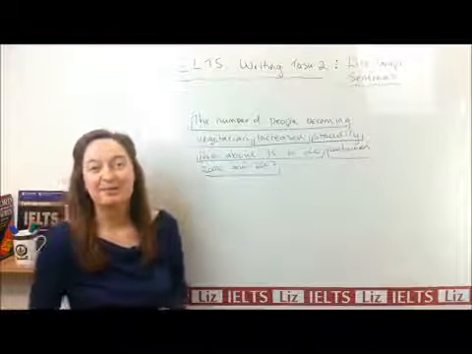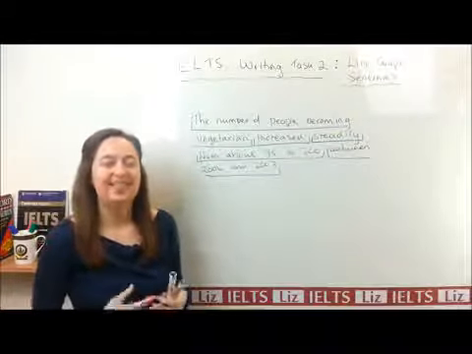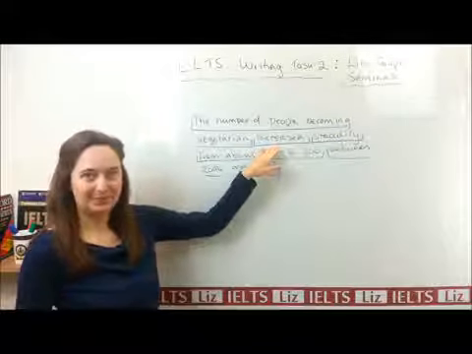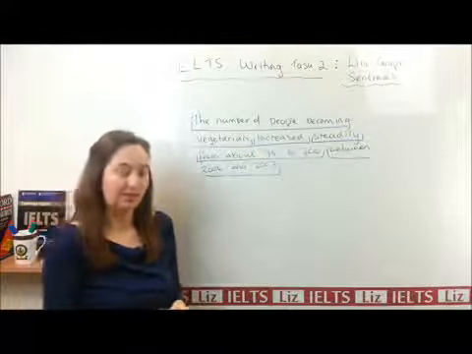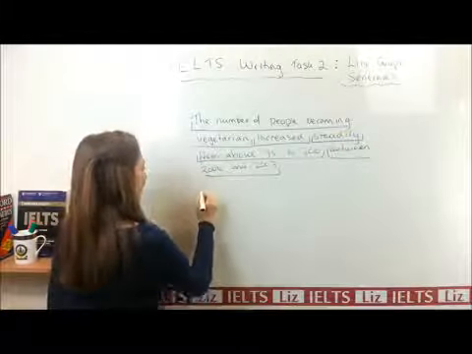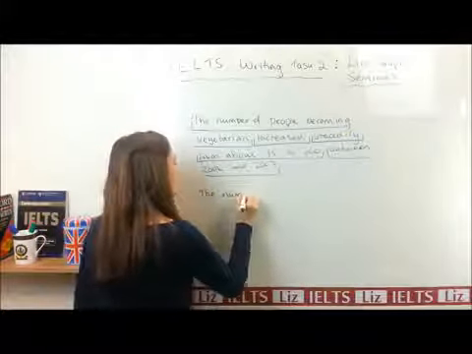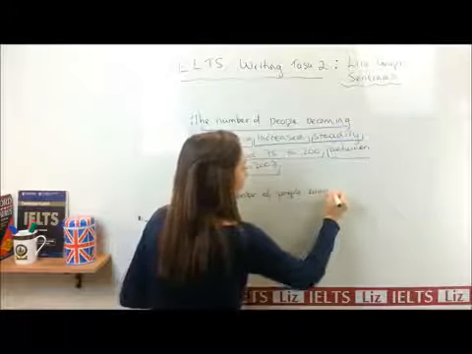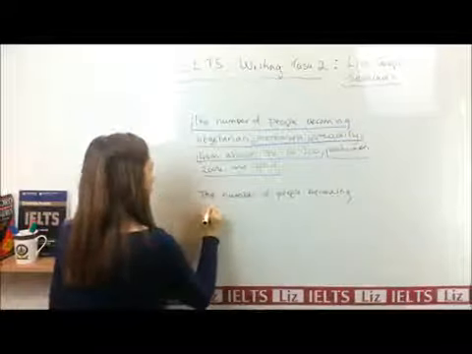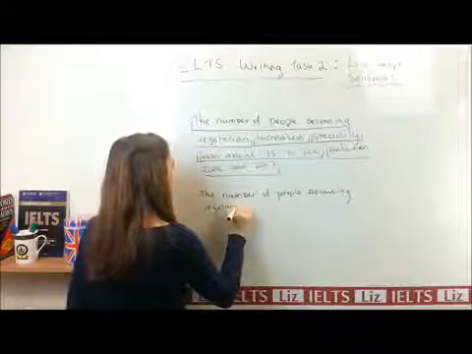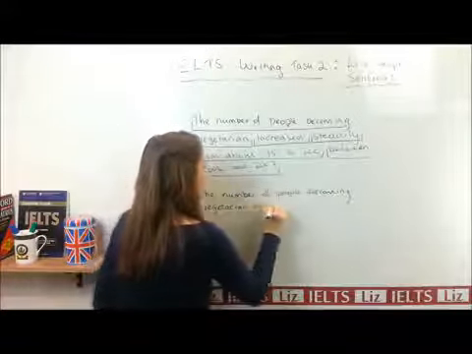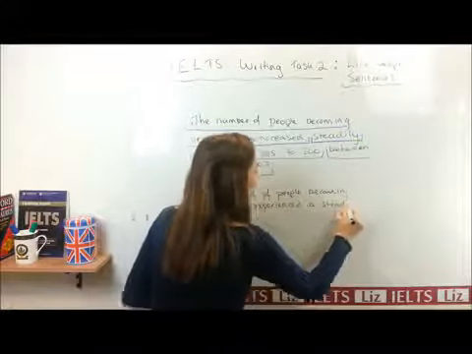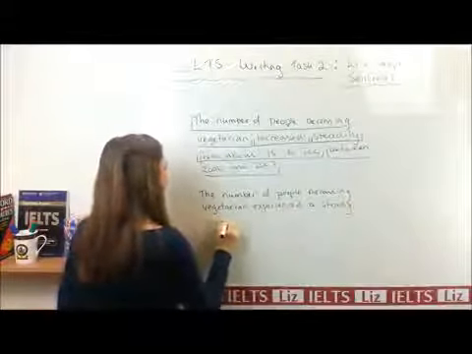So the last way I'm going to show you in this lesson is again to use this as a noun, but we change the sentence structure again. So the number of people becoming vegetarian experienced a steady increase.